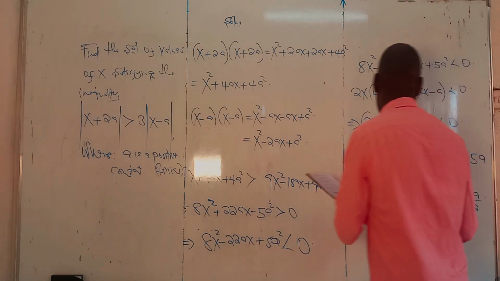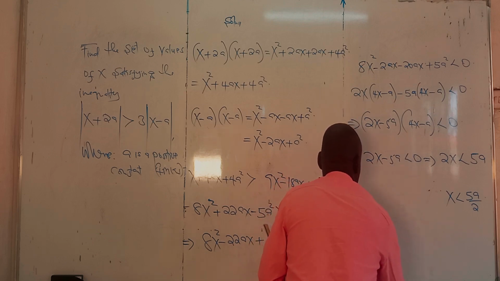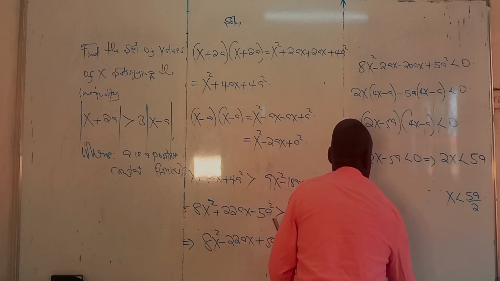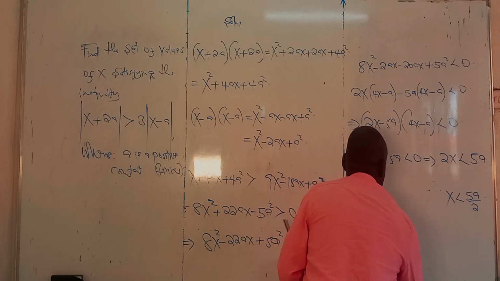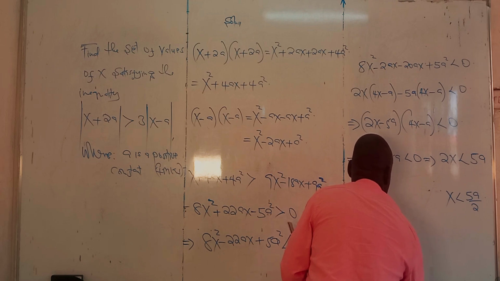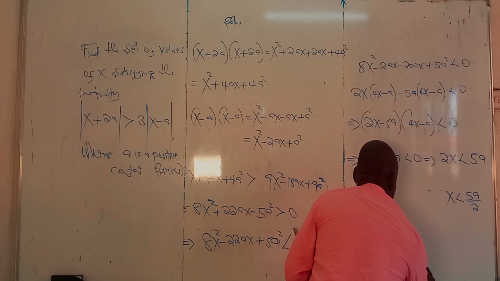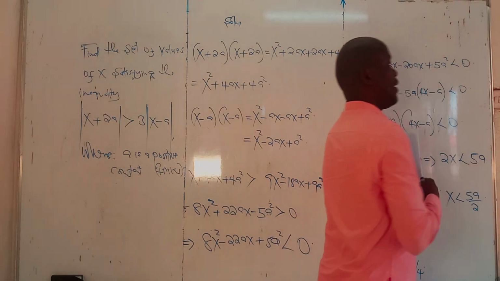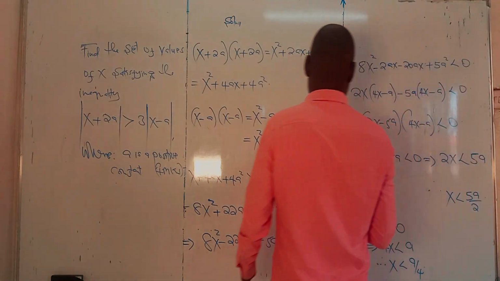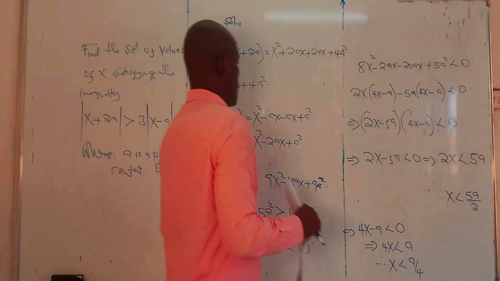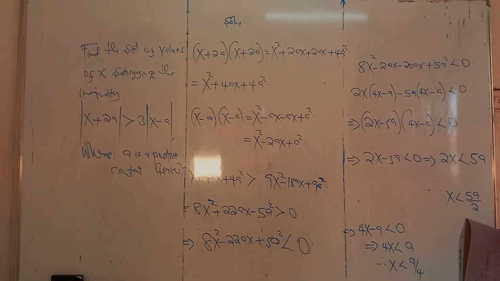Or the other case we may have is when we have 4x minus a being less than 0, that should then mean that 4x is less than a, and therefore x is less than a over 4, or one may say equal to a over 4. Having those, we need to see how it goes.